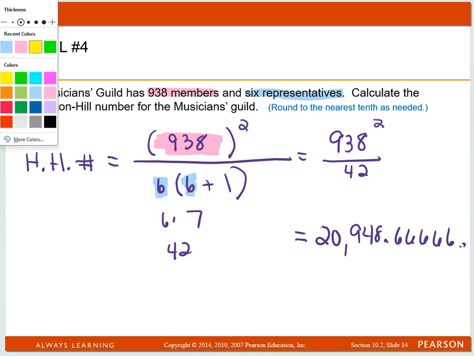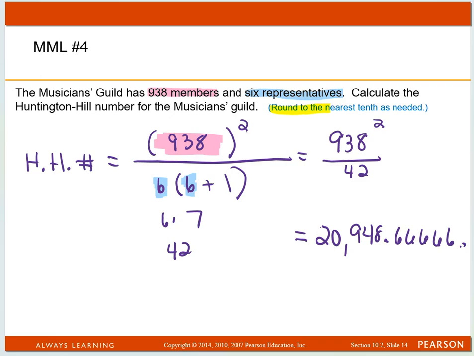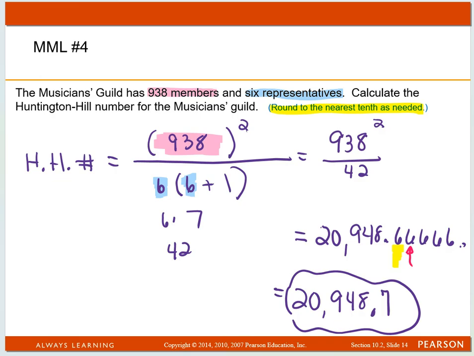And this does say to round to the nearest tenth as needed. This 6 right here is the nearest tenth. The next number is a 6. So my final answer will be 20,948.7. And that's the Huntington-Hill number for that.